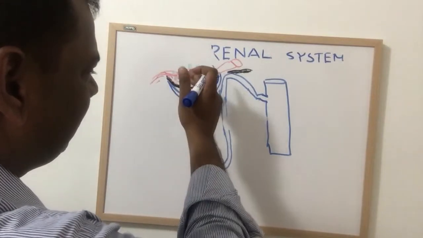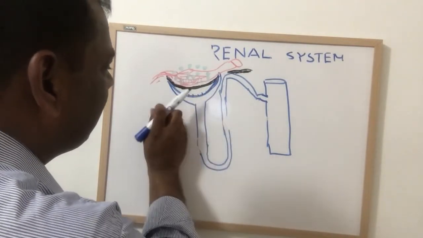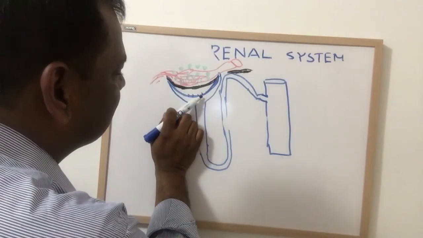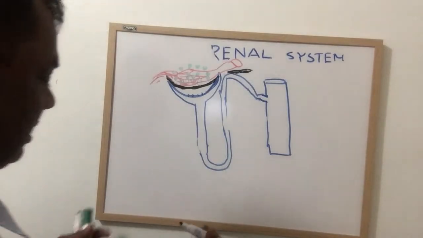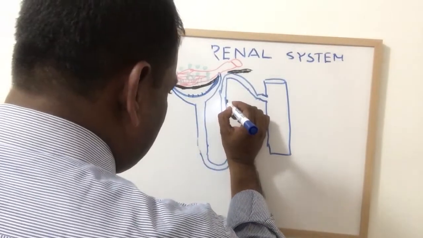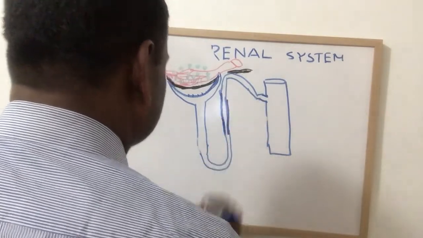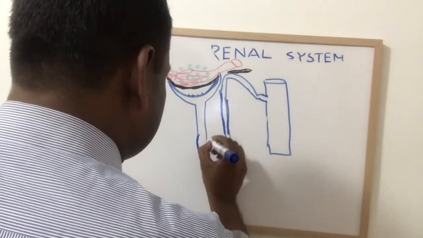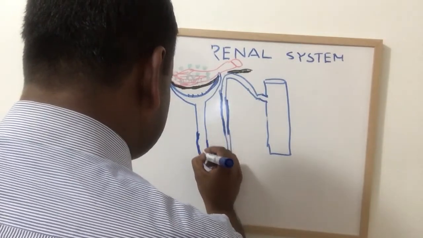If they even cross that way, they cannot cross this area. If they even cross this area, they cannot cross this area. So only filtrate can cross, rather than big molecules. It's so tight. This is a tight junction area.